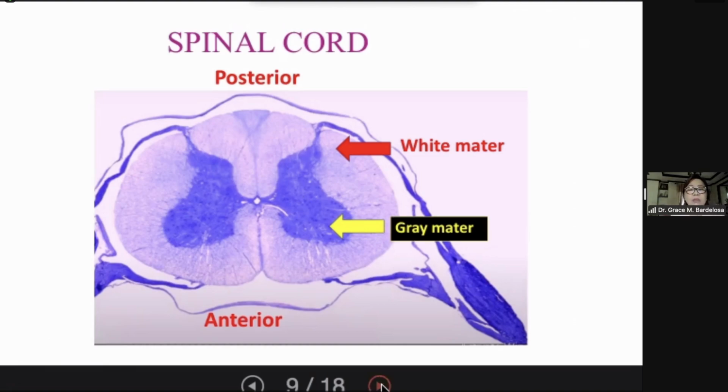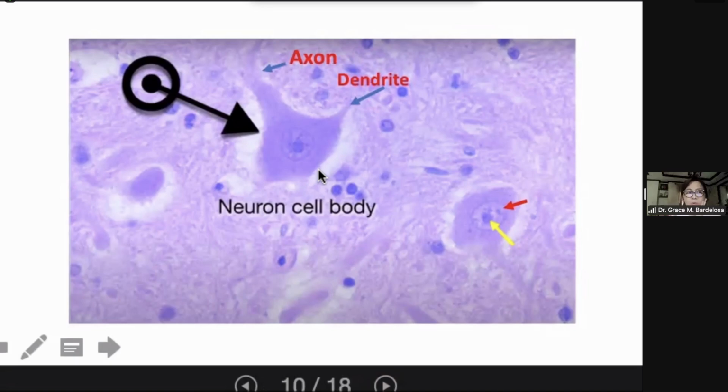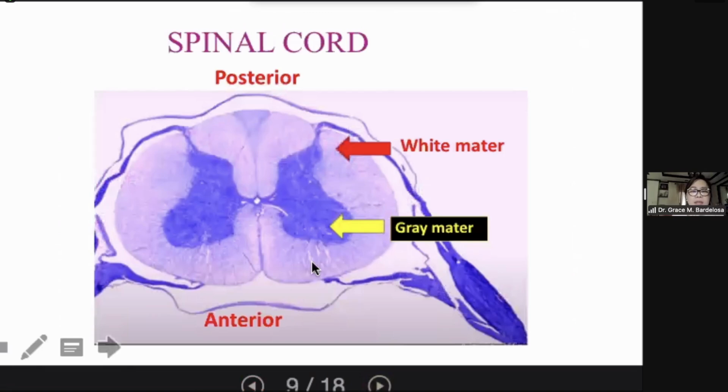What is found in the gray matter? The gray matter represents parts that are of the neuron cell body. So what you can see mostly in the gray matter are the nerve cell bodies, because it is in the white matter where you can find the axons. That is why it is white.